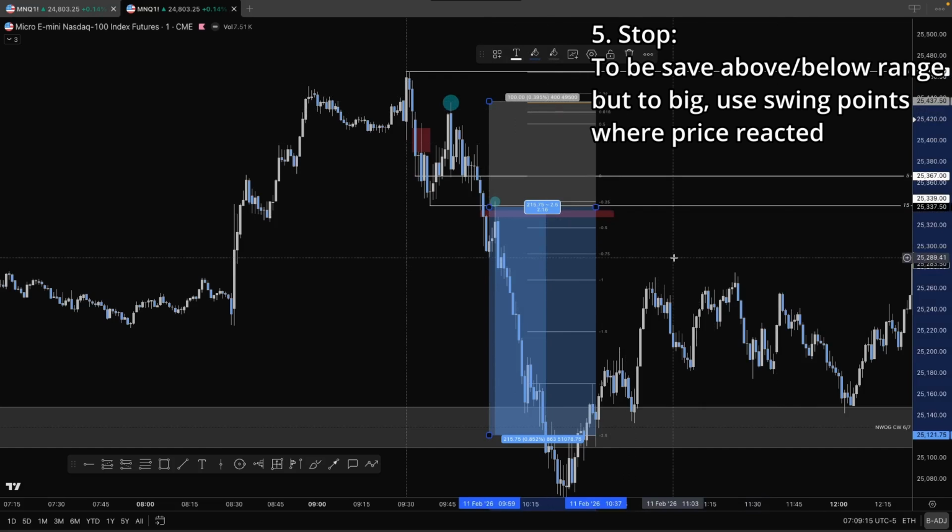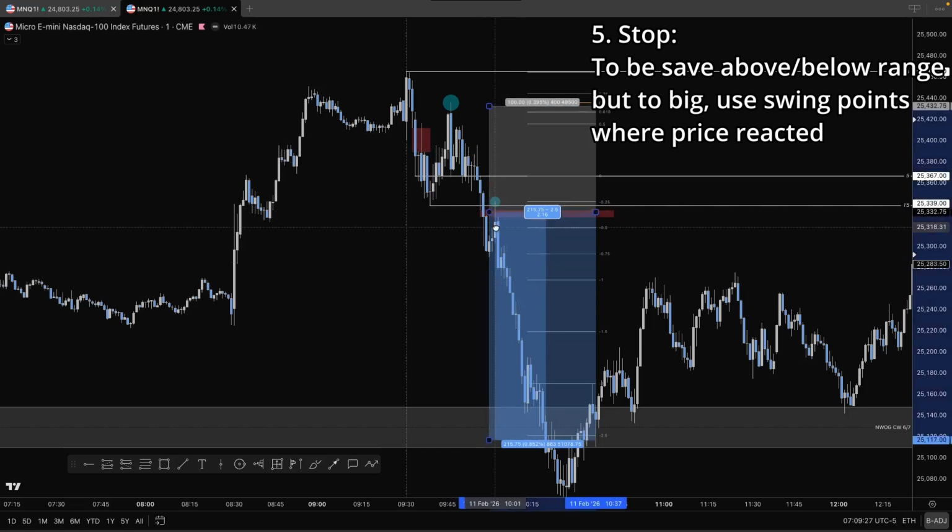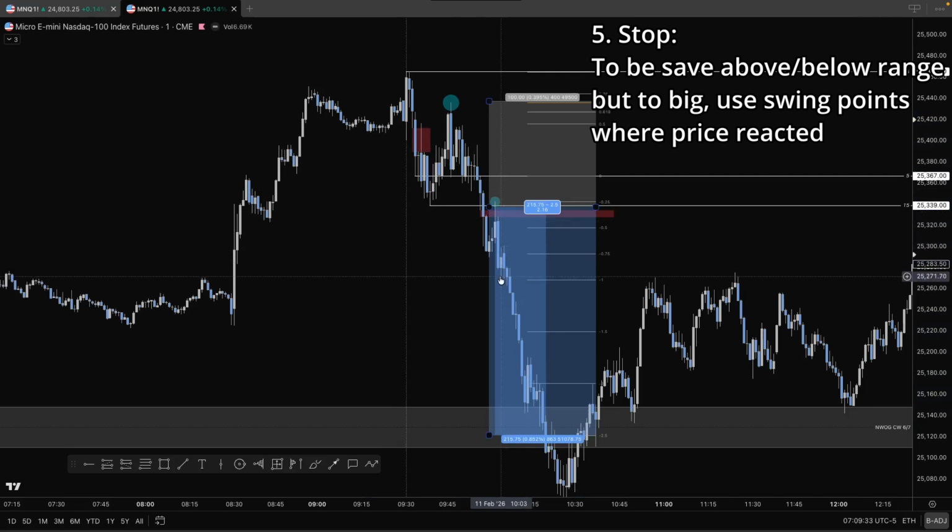It's a 2.16 risk reward, but in my understanding of price, we don't have any reason, after reacting from this level right here and pushing back down, to go back up.